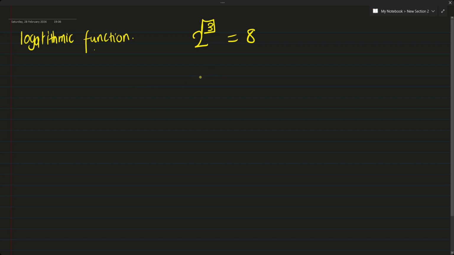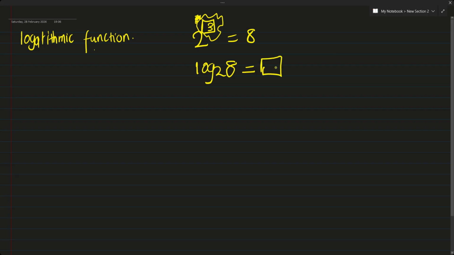Now, in logarithmic function, we're gonna be asking how we're gonna get this number, right? So we're gonna have log of base 2, it's gonna give us which exponent?